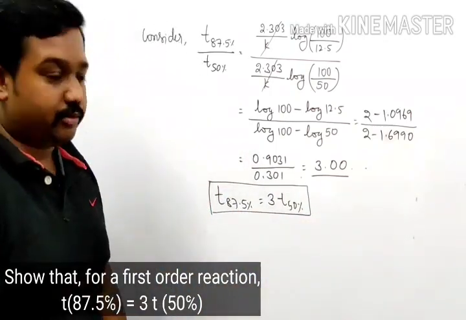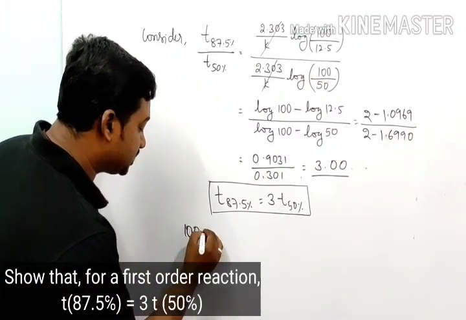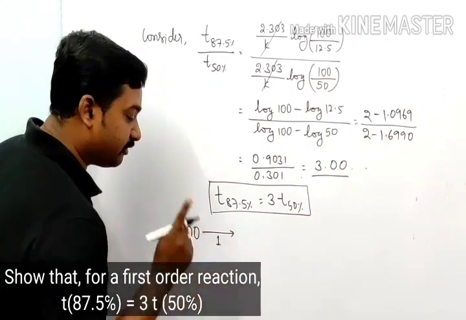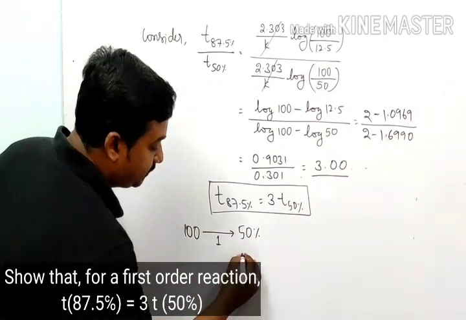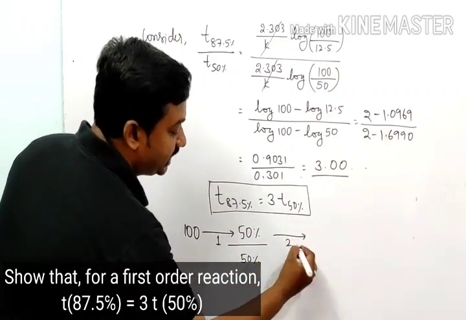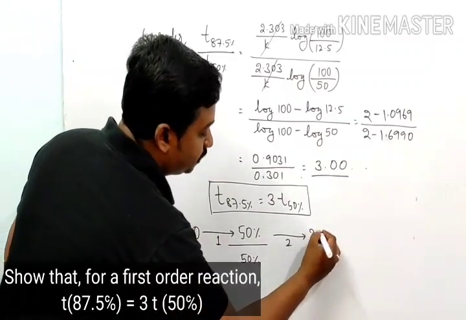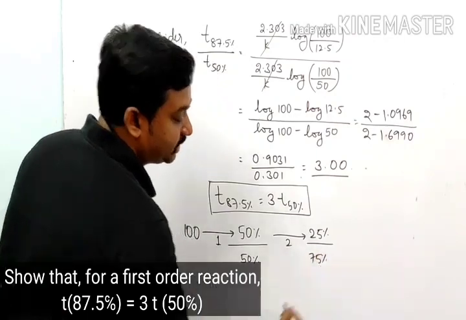Here is the proof. One more idea is there, that is, if you have 100% in the initial stage and after the first half-life it is reduced to 50% and the remaining is 50%. For the second time it reduces to 25%, which means 75% is completed.